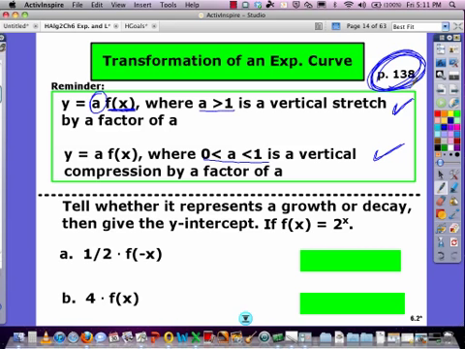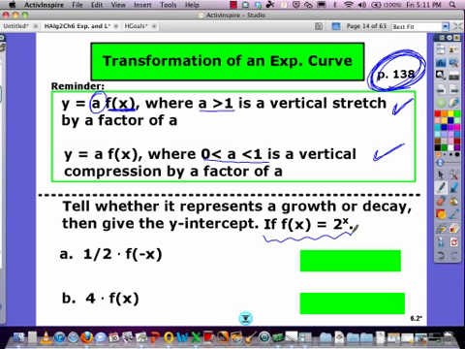Now, below the dotted line is something totally different. It looks like it's related to it, but they just say tell whether it represents a growth or decay situation, then give the y-intercept. Now, if you knew that f of x, the function, was equal to 2 to the power of x, you should be able to tell me right now that that's a definite growth situation.